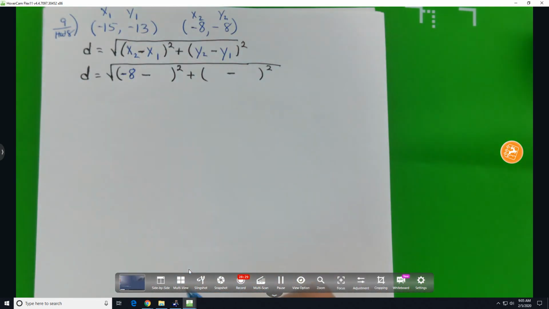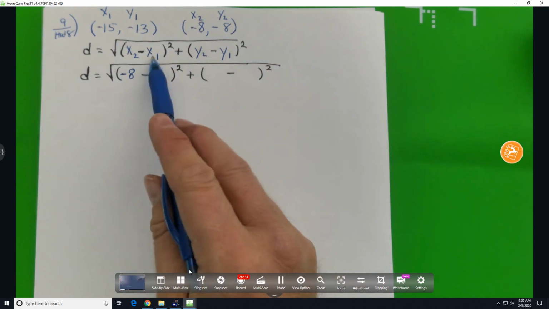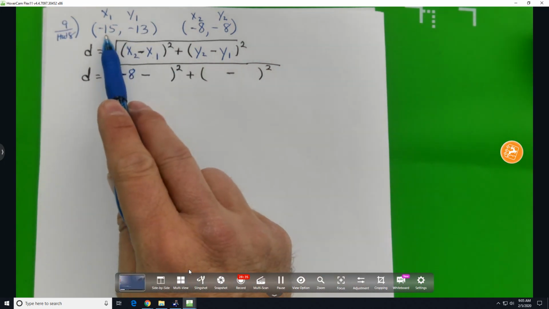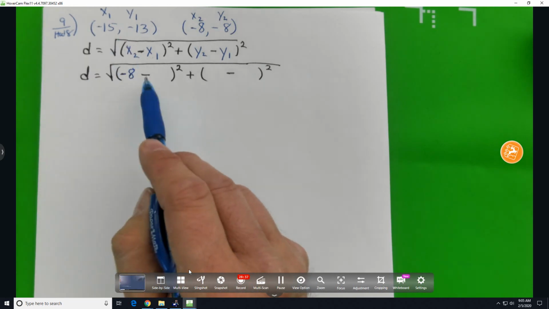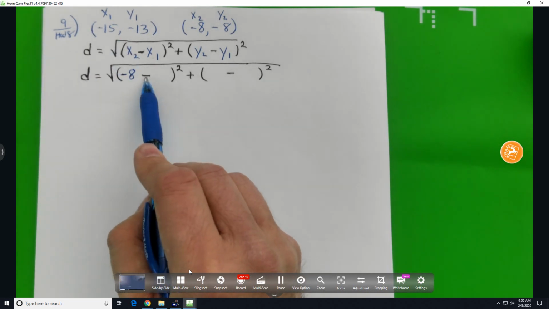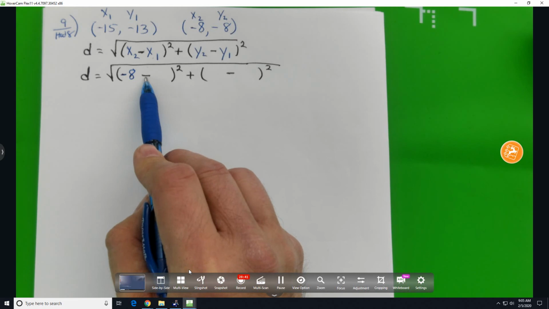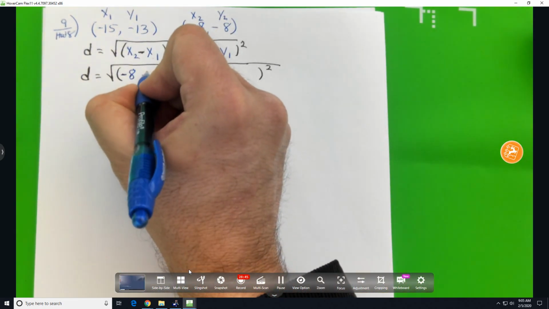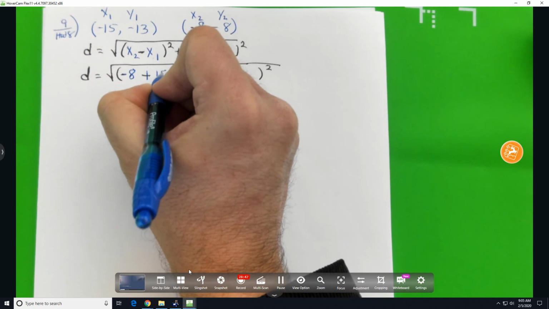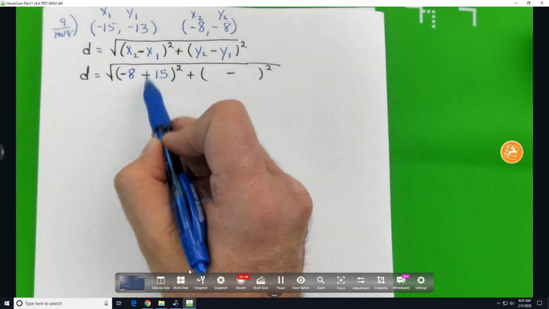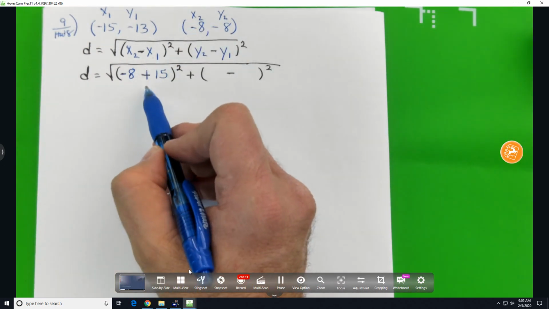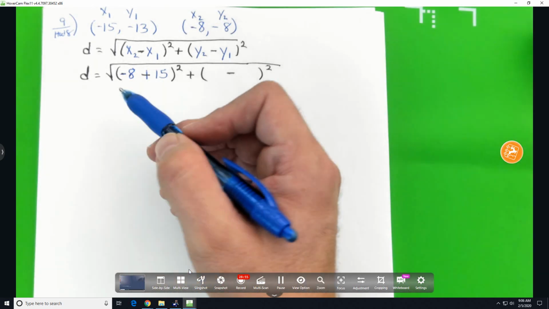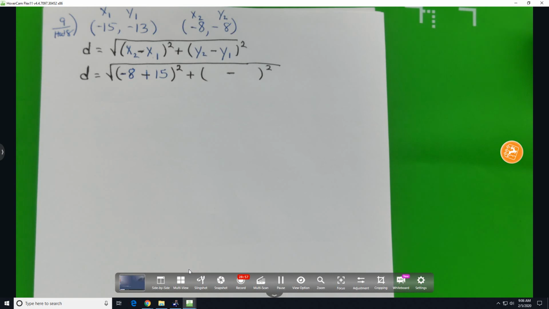Here's where it gets tricky. I'll replace the blue X1 with the blue -15, but I have the black negative from the formula, so watch out. Watch what I'm doing. Minus a negative is a positive. So notice how the blue minus is making it a plus. And it might be hard to tell the difference between the black and the blue. I should have been using blue and red maybe.